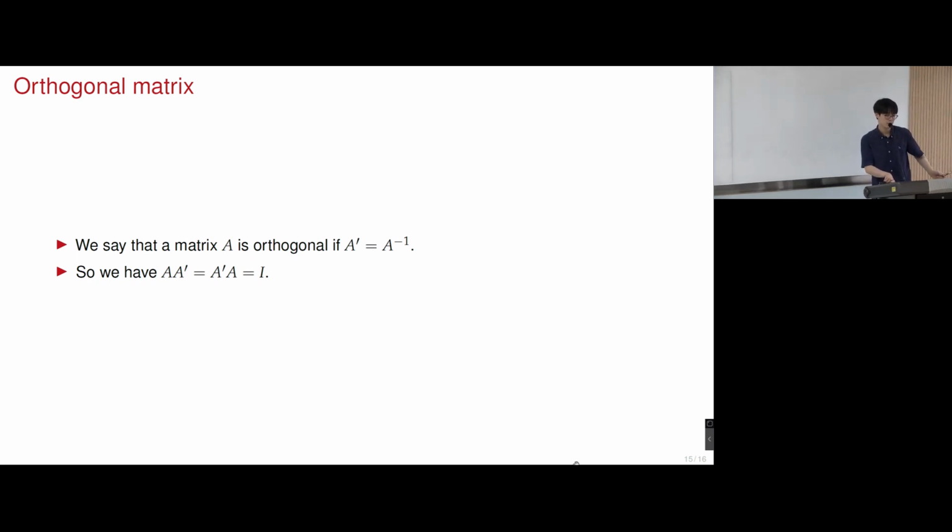So why is it important? Remember that the quality of A inverse was that if you multiply A with A inverse, or A inverse with A, you get the identity matrix, right? But because the inverse of a matrix is the same as its transpose, we can just write this as this, right?